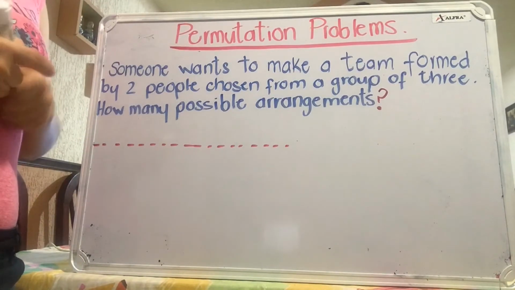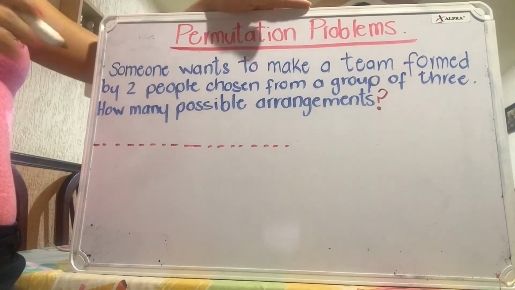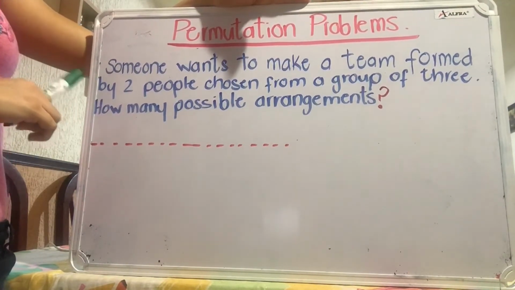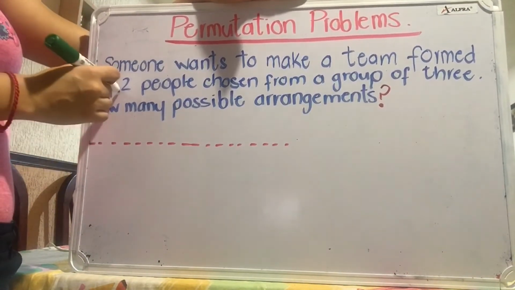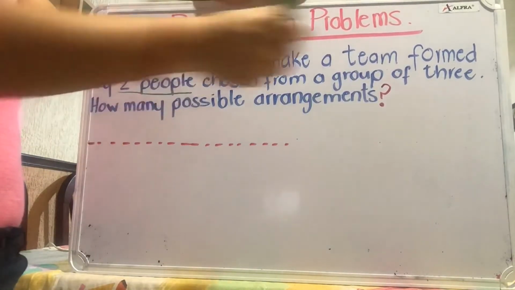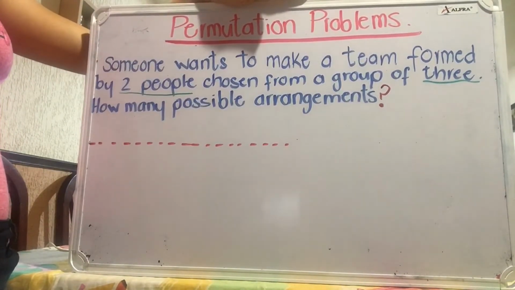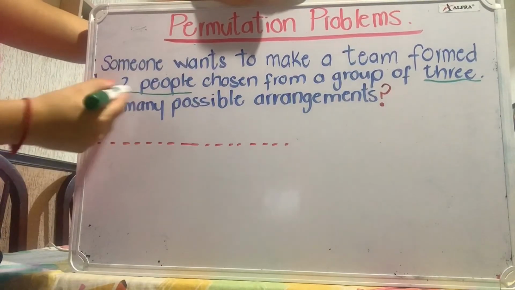Now let's solve together the first problem of the exercises I sent you for homework. The first problem is, someone wants to make a team formed by 2 people, chosen from a group of 3. How many possible arrangements? Okay, so the first quantity is 2 people.